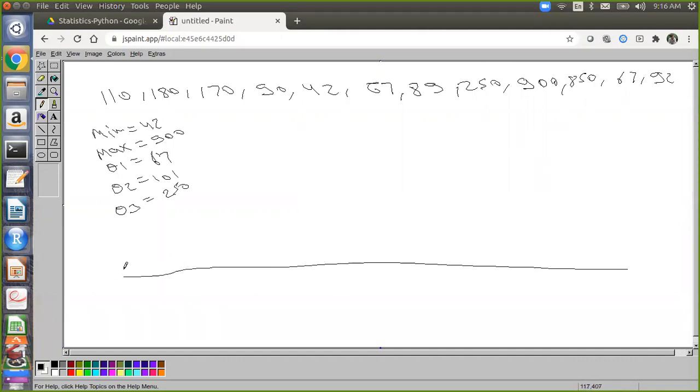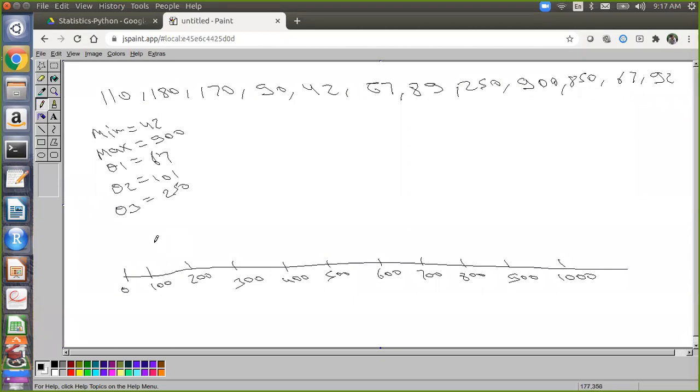So now 900 is the mark. So 0 to 100, 200, I'll write 300, then 400, 500, 600, 700, 800, 900, 1000. Okay. Now first we will draw 101.